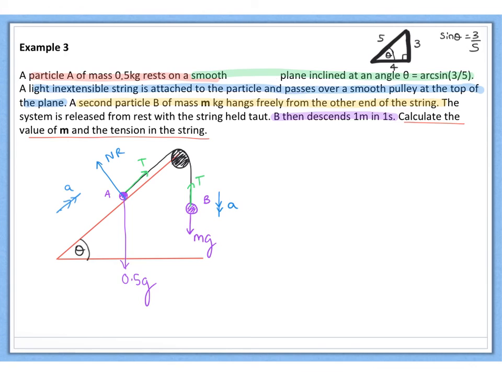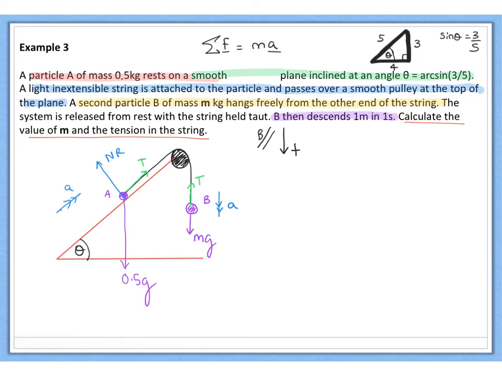We know that B descends 1 metre in 1 second. So we are going to make use of resultant force equals mass multiplied by acceleration. And we're going to start off by analysing forces acting on B. So B moves downwards, so it makes perfect sense to take down as the positive direction there.